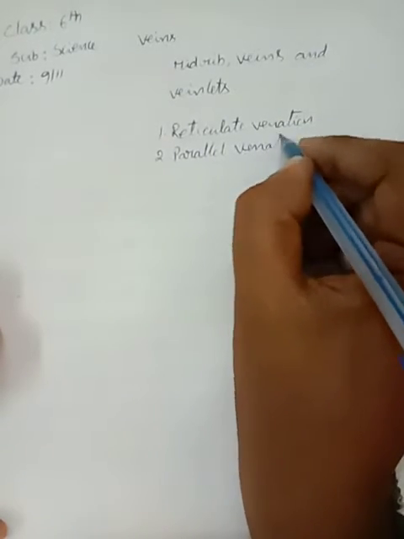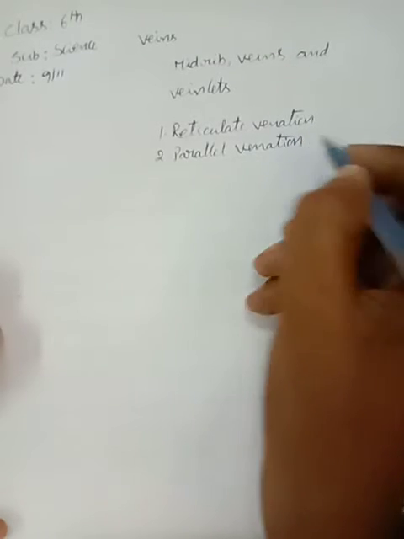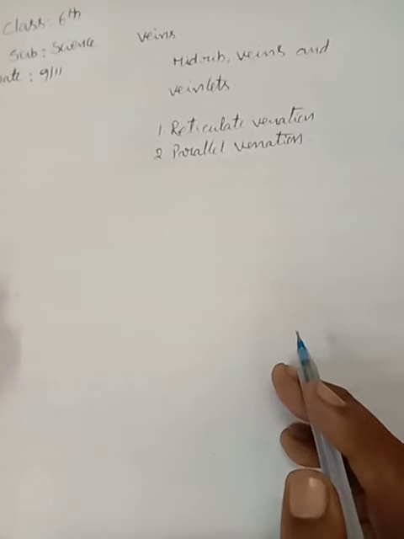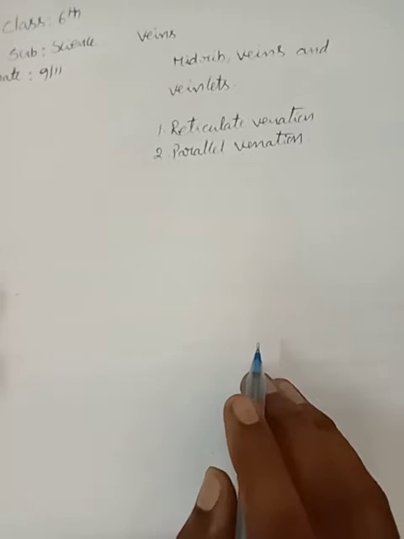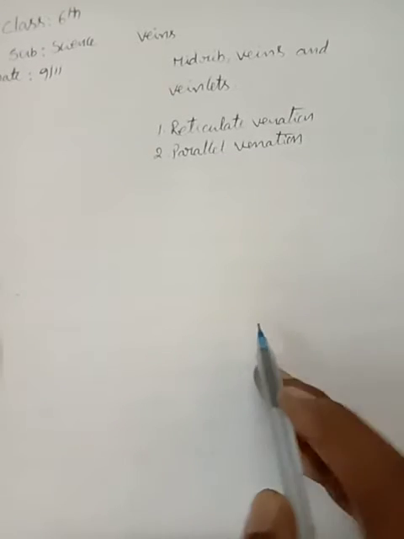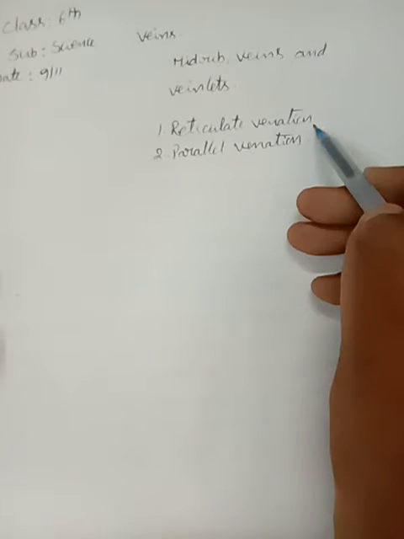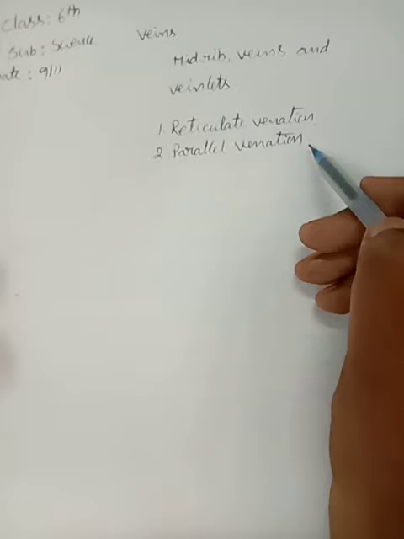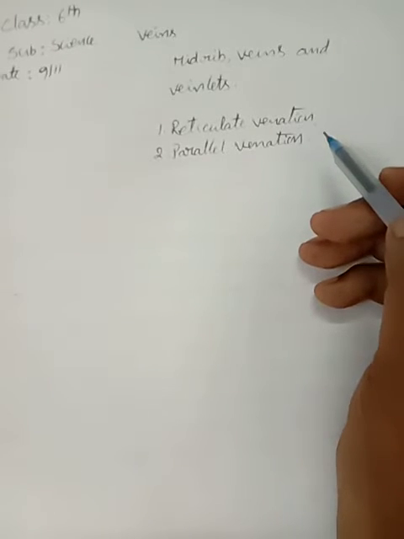In plants, mainly two types of venations are present on the surface of the leaf: reticulate venation and parallel venation.